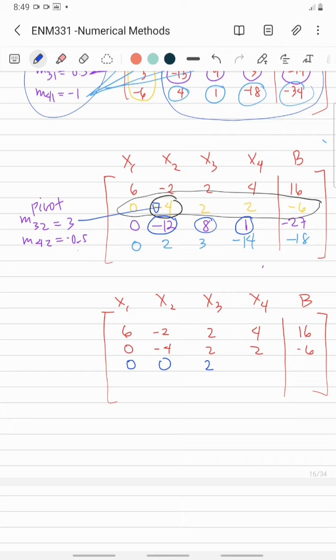Okay, that is equal to negative 5. Then negative 27, okay, this is negative 27, minus 3 times negative 6. Okay, that is equal to negative 9.